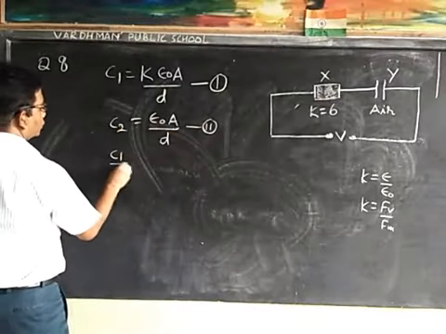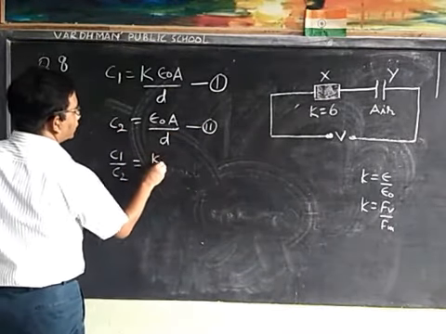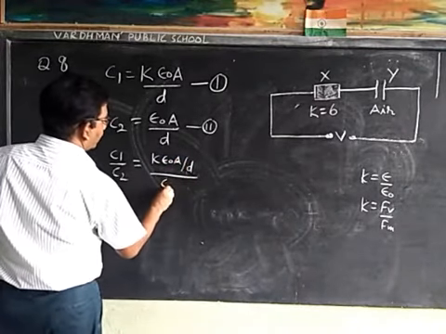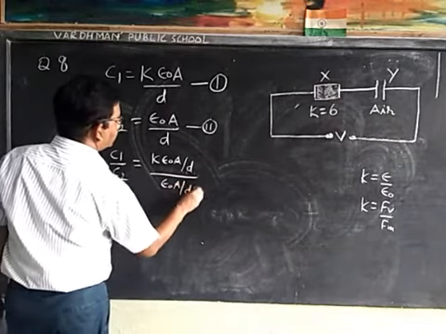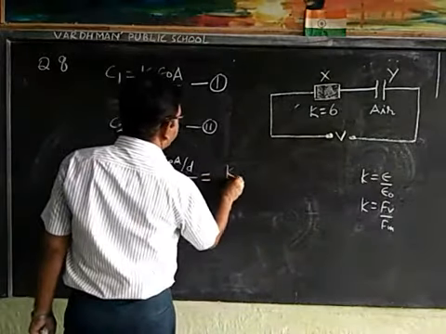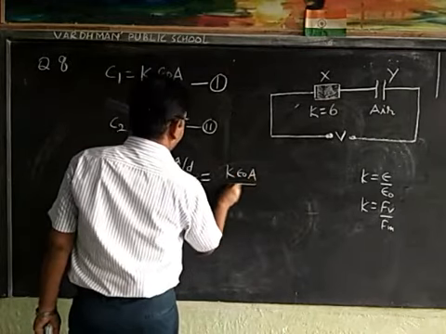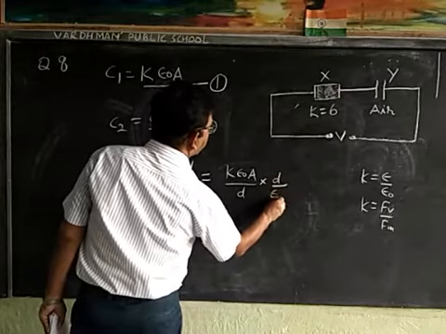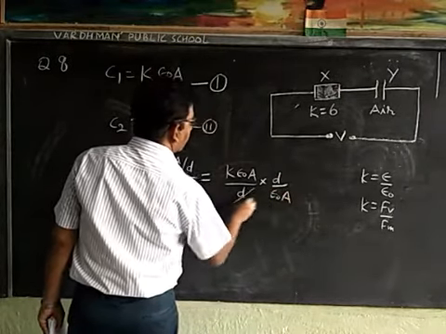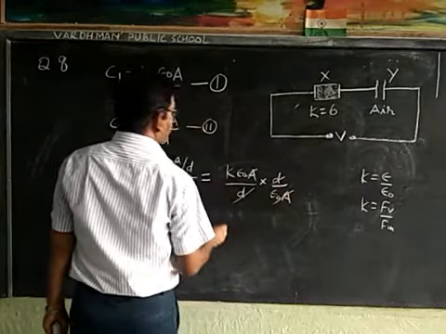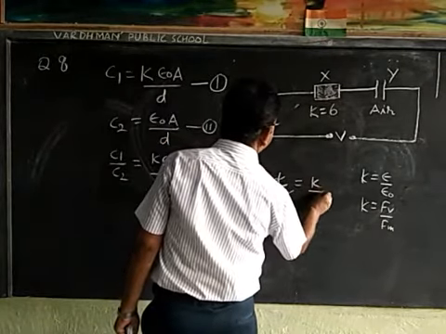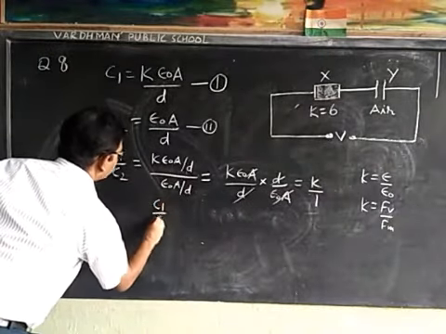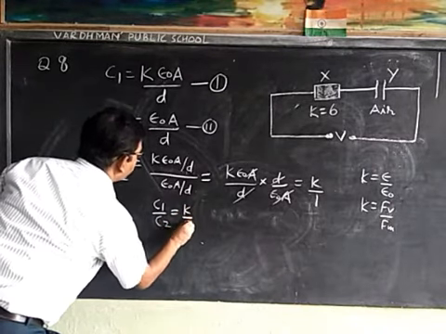Now C1 upon C2 is equal to K epsilon 0 A upon D upon epsilon 0 A upon D. This is equal to K epsilon 0 A upon D into D upon epsilon 0 A. Now cancel D and epsilon 0 A, which is equal to K upon 1. So C1 upon C2 is equal to K upon 1.